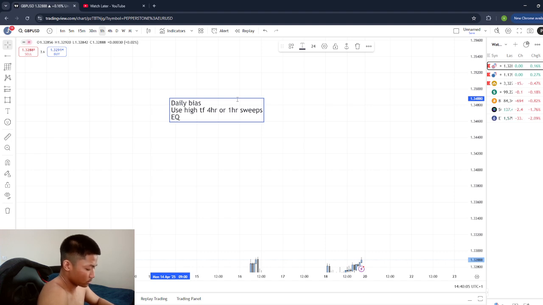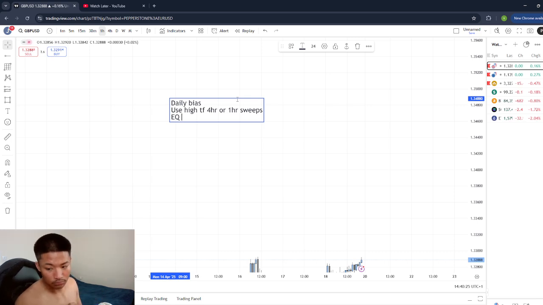Equilibrium will be the main determiner for what our bias is, because we can either target discount price because we've swept some highs, or we've entered discount price. We'll target higher highs or lower lows.